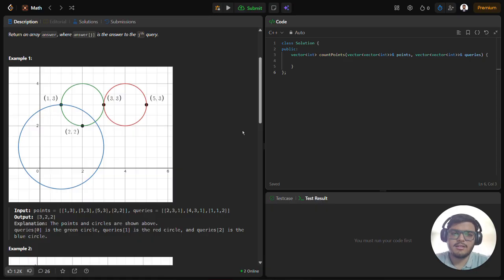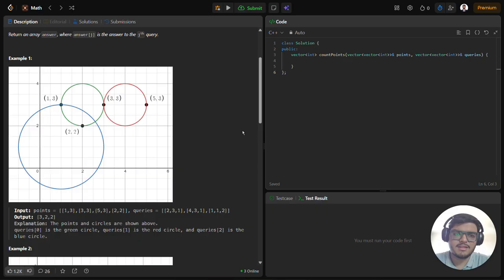Then, how do we check if a point is inside or outside of a circle? The distance from the point to the center must be less than or equal to the radius. That's the formula for it. Then we have to use the distance formula, which is the square root of dx squared plus dy squared, where dx and dy are the differences in x and y coordinates. But we never actually need the square root, right?